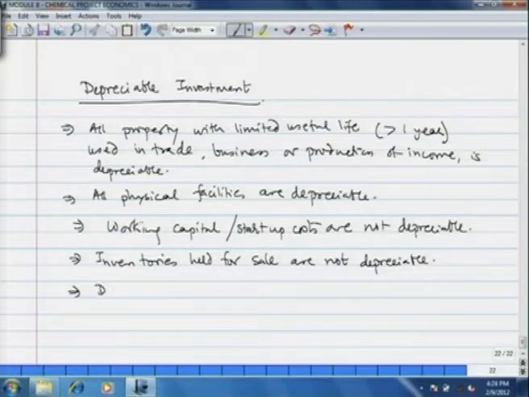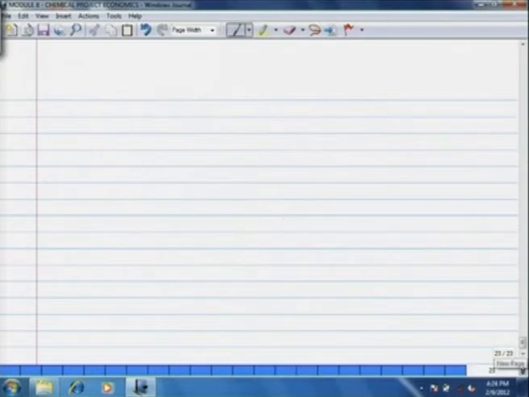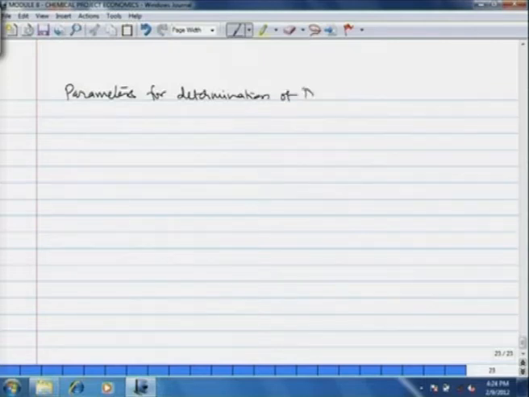And finally, depreciation is not subject to inflation. To calculate depreciation, we need to know certain parameters, and these are: First, the current value.